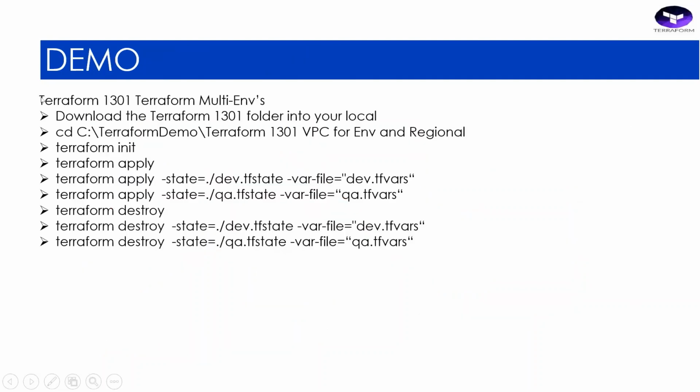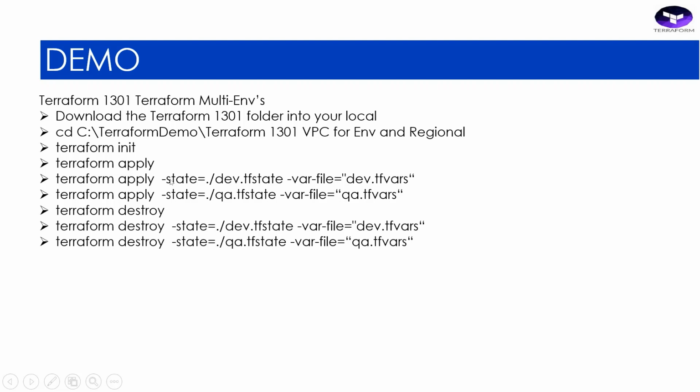For the demo, you have to download the Terraform 13.130 Terraform multi-file environment into a local folder, cd into the respective directory, and perform terraform init, which will download the plugins for the configuration between Terraform and AWS, and then terraform apply. This will be performed with the help of the variable.tf file, whatever values are there.